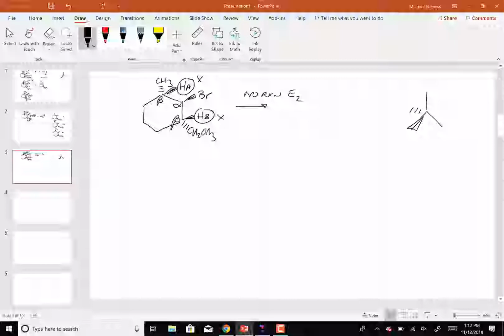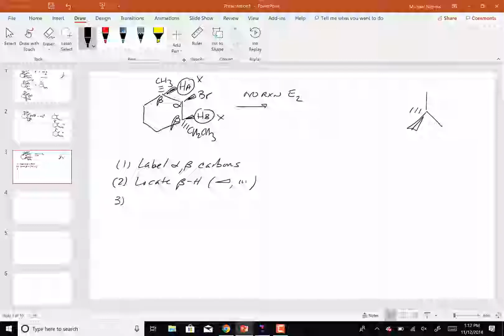So notice the steps that we went through here. The first steps, and I'll even write them down. The first steps were to label the alpha and beta carbons. Secondly, you've got to locate the beta hydrogens, and you might have to put them on a bold or dashed wedge, depending on whether I've shown that to you or not.